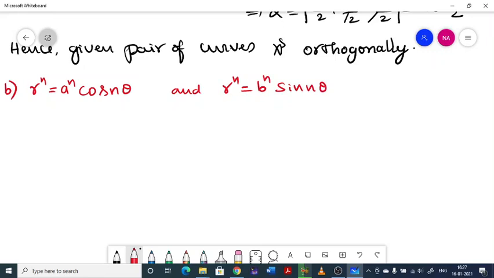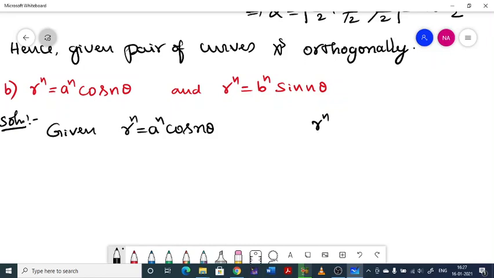Now solution. Given r power n equal to a power n cosine theta and here r power n equal to b power n sin n theta. So taking log on both sides, you get log r power n.